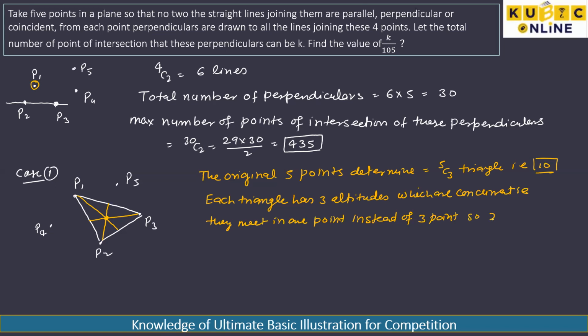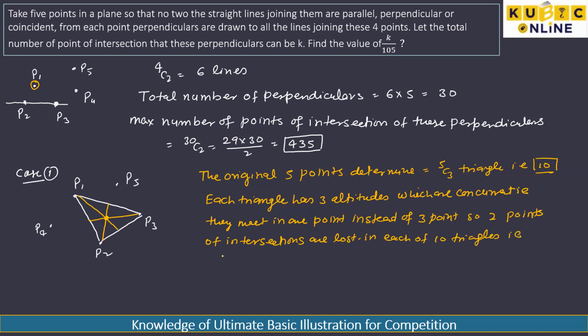So we get 2 points of intersection lost in each of the 10 triangles.